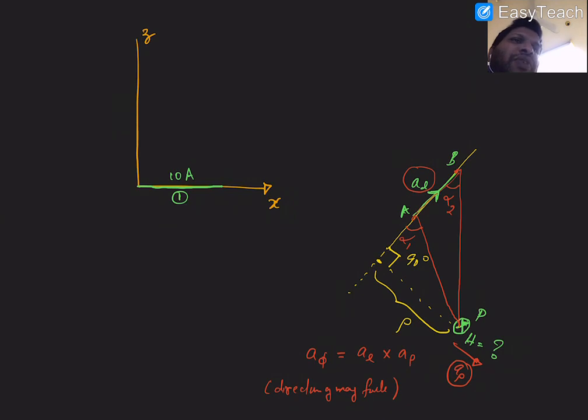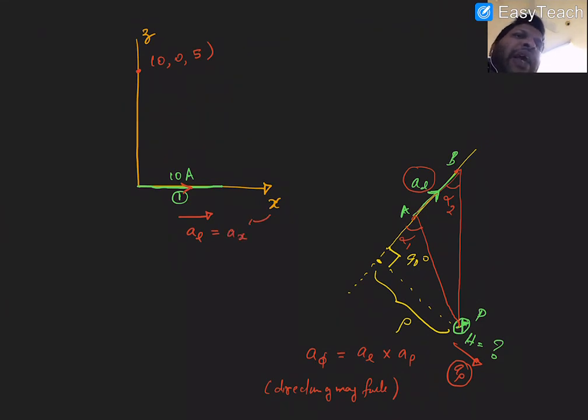So in this case, we want to find the magnetic field intensity at the point 0, 0, 5. So what is the AL here? In this case, the current is moving in this direction, so this is the direction of AL and this is the direction of X actually. So it is ax.